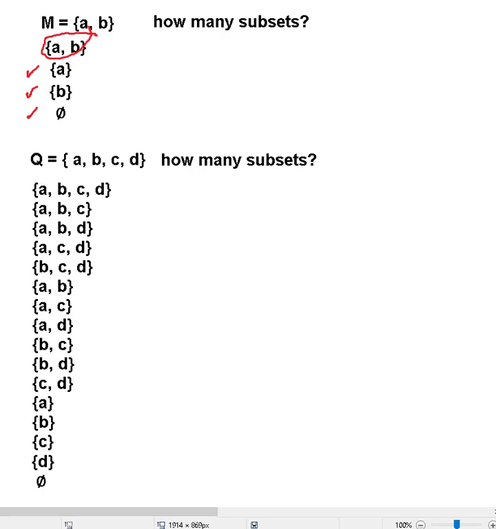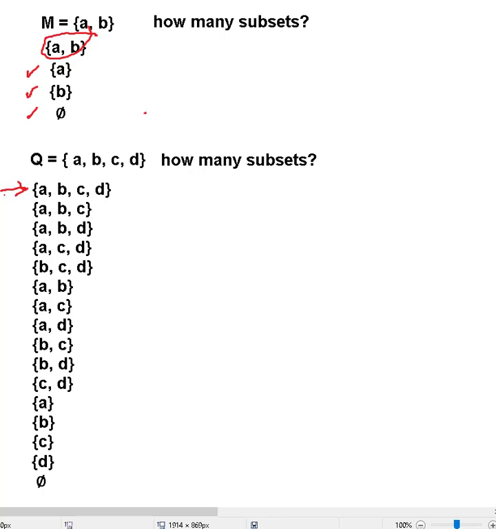All of these are different. So how many proper subsets? As we saw before, the only one of these that's not a proper subset is this one because it contains all the elements of set Q. It is a subset, but not a proper subset.